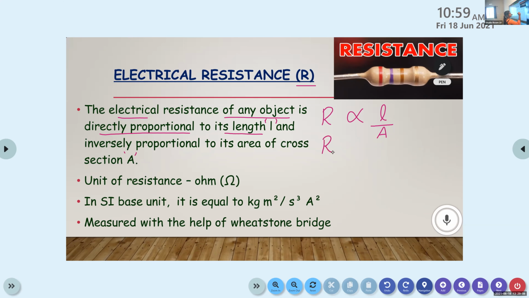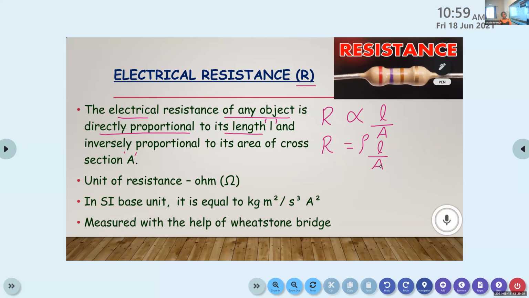Then we are going to remove this proportional sign and equate this equation. For that, we just add one constant, and it is rho L by A. R is equal to rho L by A.